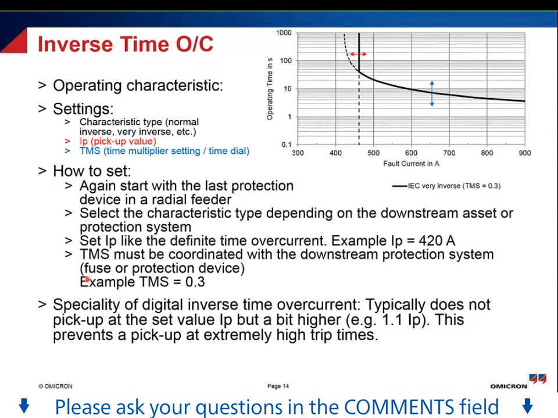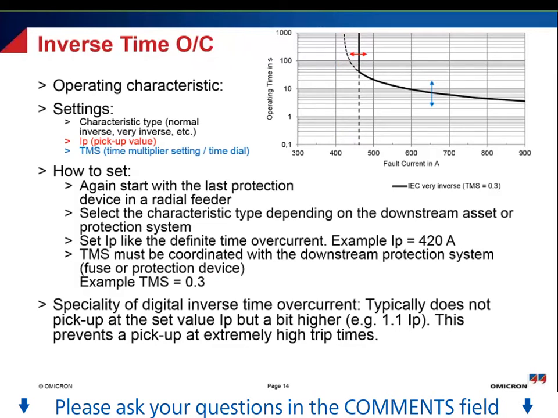Here you can see one specialty for digital inverse time overcurrent that is shown in this characteristic. If you look at this part here, we have a setting value of 420 amps, but the real pickup does not start at 420 amps, it starts somewhere above. In this case 1.1 times this value. This is typically built into digital relays to make sure that they will not pick up with extremely long trip times.